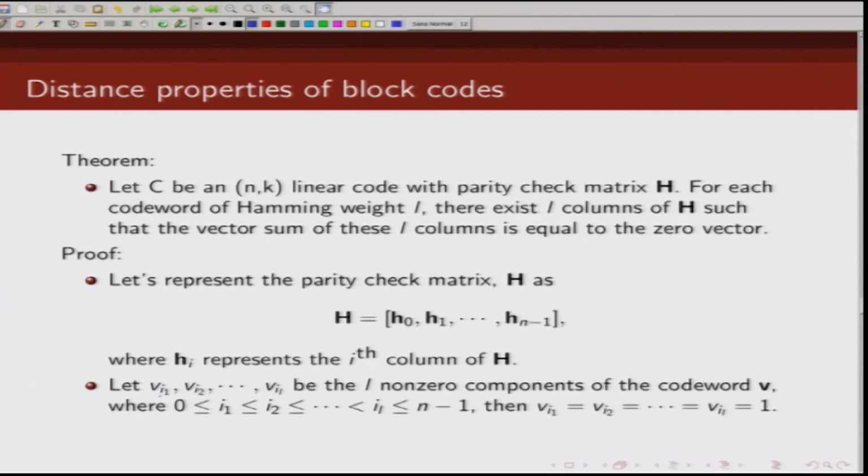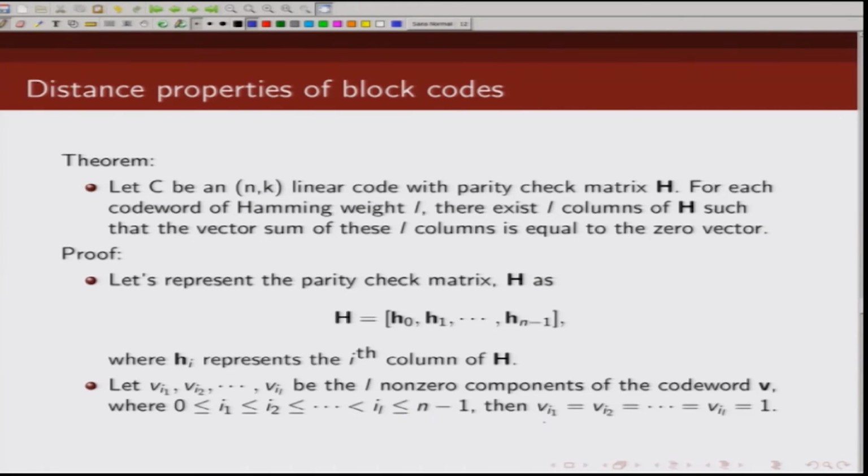So, let us say that I1, I2, I3, up to IL are the locations where the code word has non-zero components. Let the non-zero components of this code word V be denoted by Vi1, Vi2, Vi3 up to ViL, where, without loss of generality, we are writing I1 is less than or equal to I2 is less than or equal to I3 up to IL is less than or equal to n minus 1.